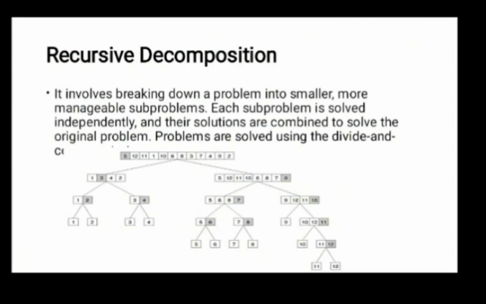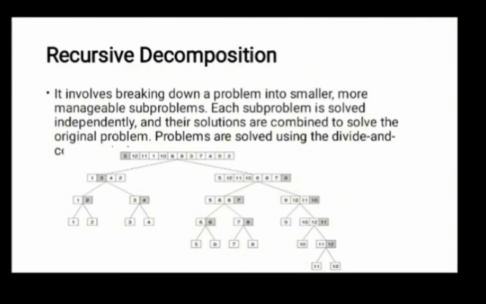So 5 acts as a pivot element, meaning all the elements on the left should be less than the elements on the right.